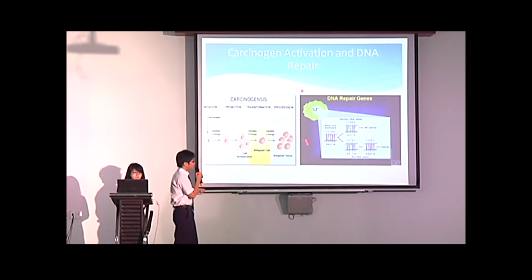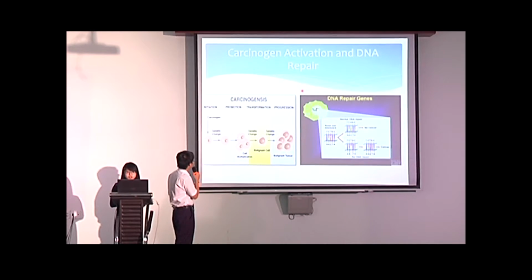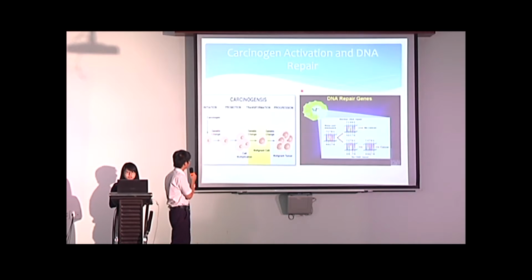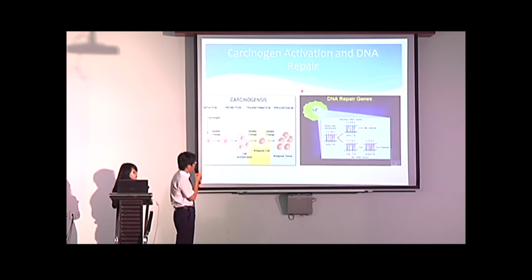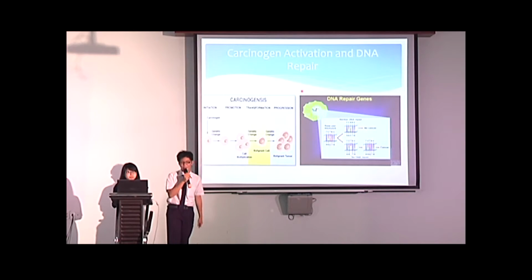With carcinogen activation, the carcinogen damages the cells and makes the multiplying cells become malignant tumors. There are several carcinogens. You can see that smoking can cause lung cancer, or alcohol can probably cause hepatocarcinoma.